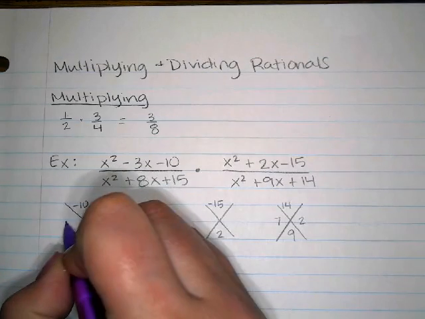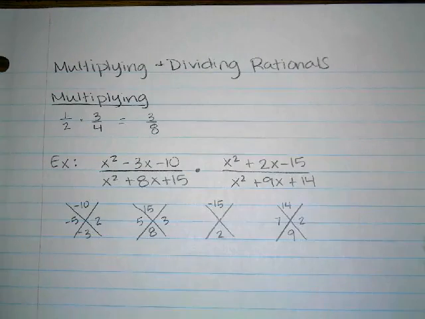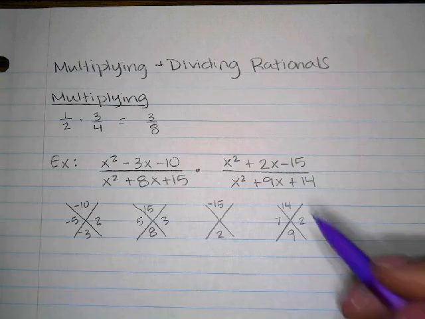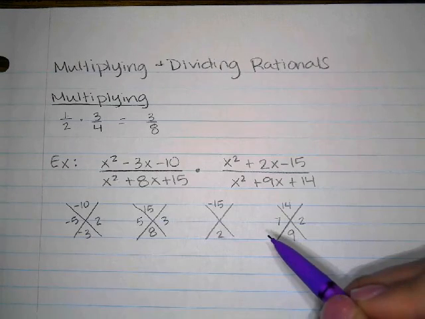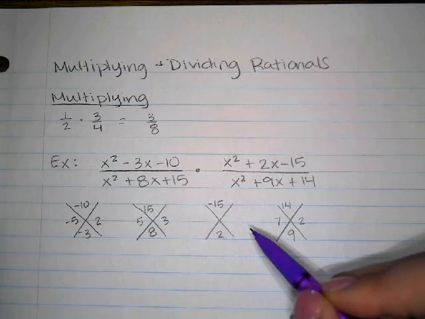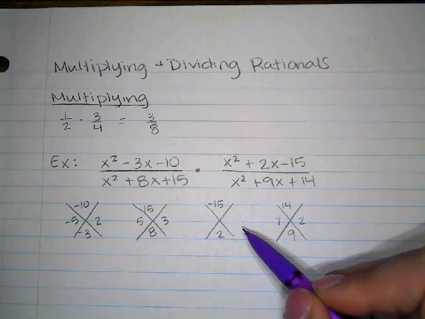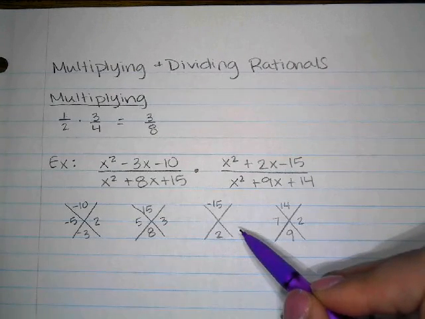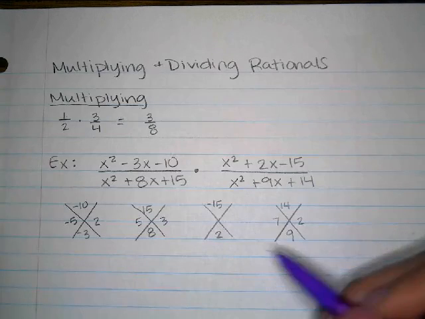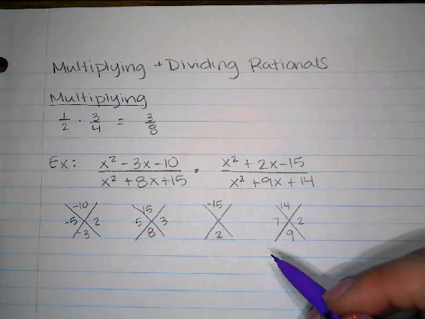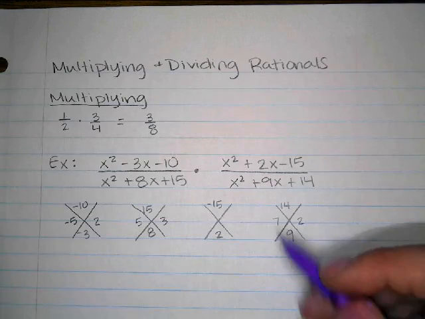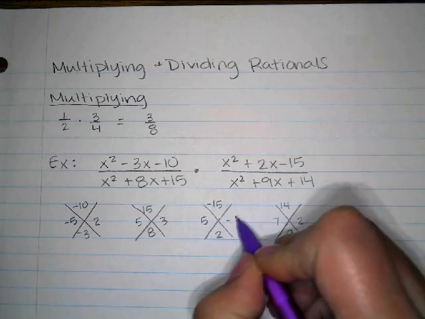Negative 5 and 2. Multiplies to negative 15, adds to 2. Anyone know what it should be? 5, negative 3. Perfect.